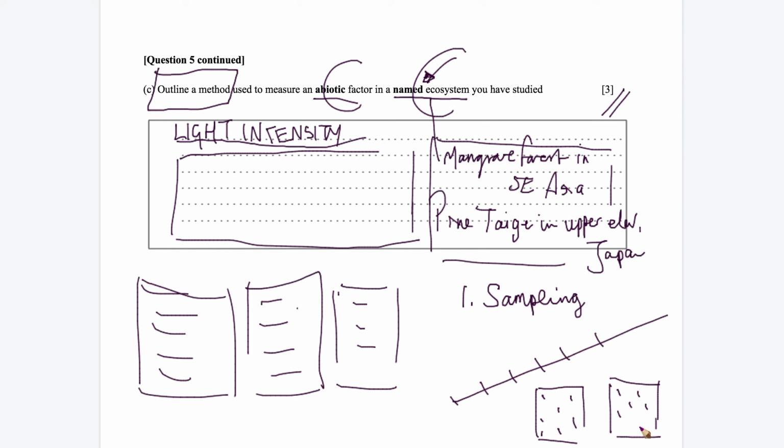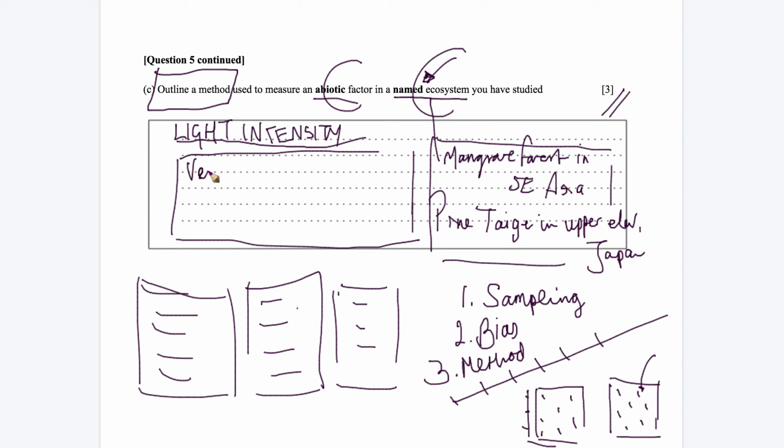And how are you going to randomize where you take the sample? You could get a random set of coordinates and go and take the sample there. So how are we going to sample, how are we going to avoid bias, and what's the method?